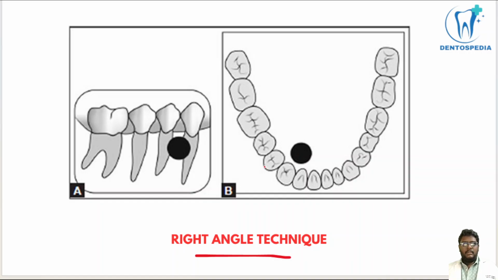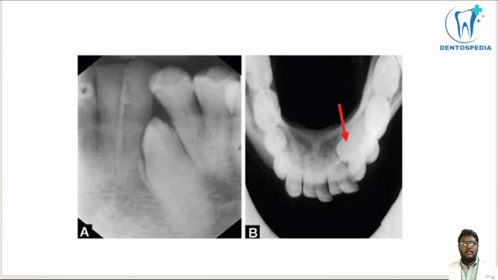We are just getting another view of the pathology from another angle, not relying on a single image. This is the right angle technique, which we commonly use on the clinical side, a chairside technique.